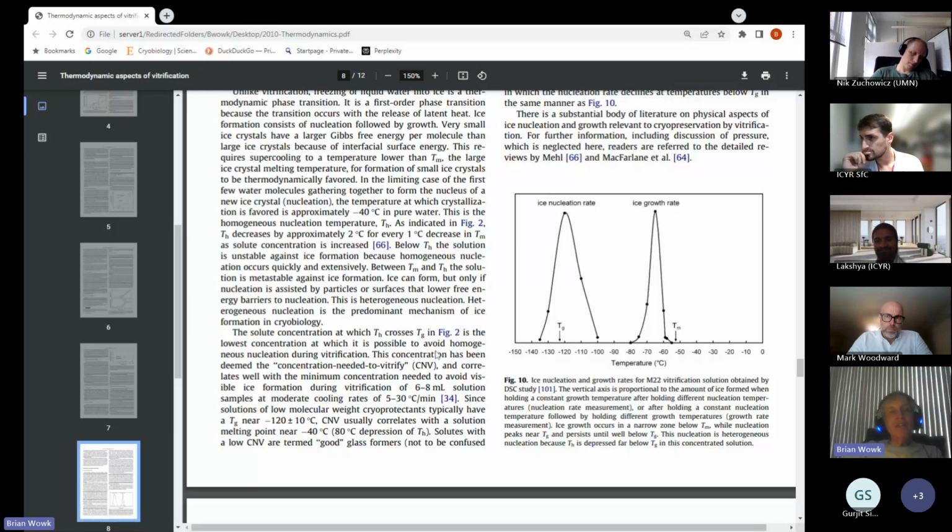It's at the high concentrations used for organ vitrification that the curves separate, and you can actually get a valley between these two zones of ice growth and nucleation, which is convenient for doing the measurements. So it's actually easier to separately measure ice growth and nucleation in these concentrated vitrification solutions than it is in the more dilute ones. But yes, the curves do separate at high concentrations.